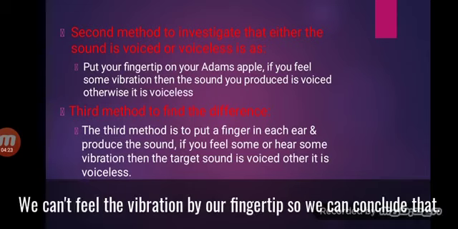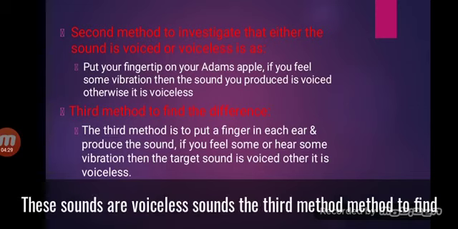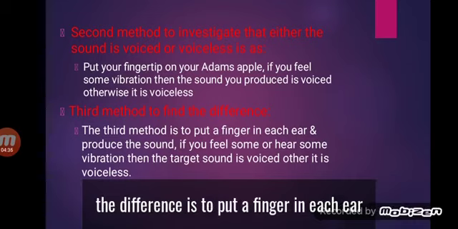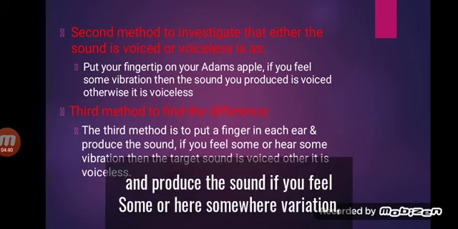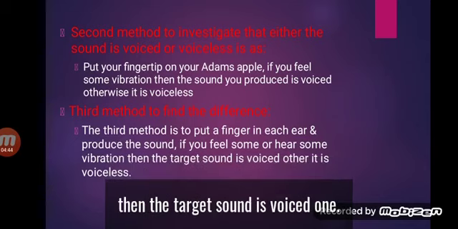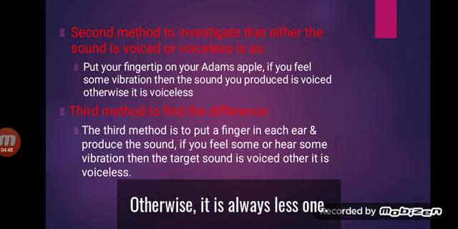Here we can't feel the vibration with our fingertip, so we can conclude that these sounds are voiceless sounds. The third method is to put a finger in each ear and produce the sound. If you feel or hear some vibration, then the target sound is a voiced one, otherwise it is a voiceless one.